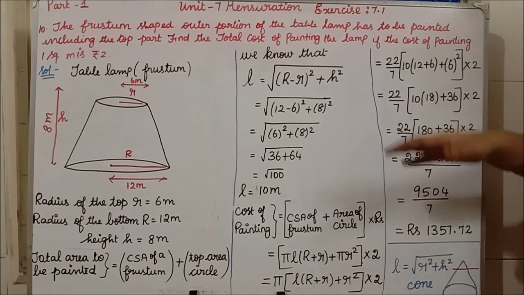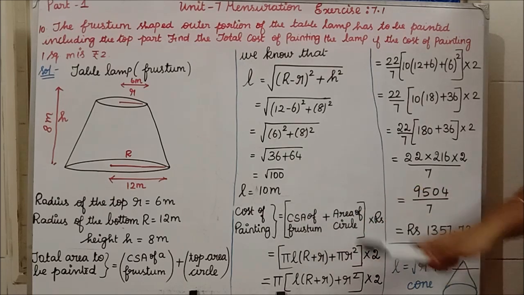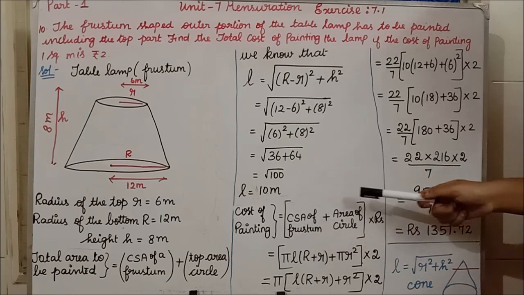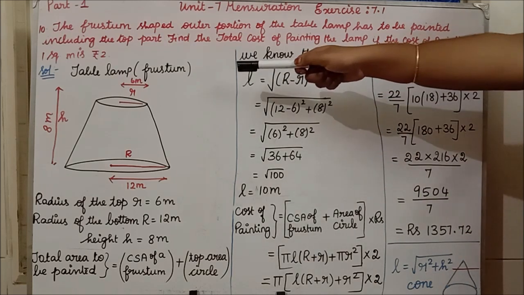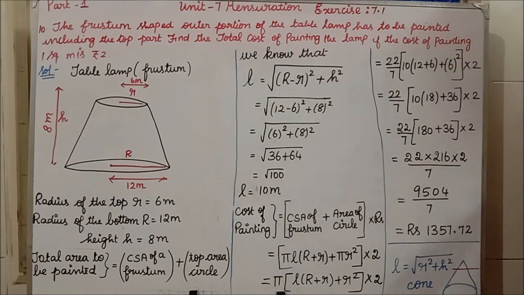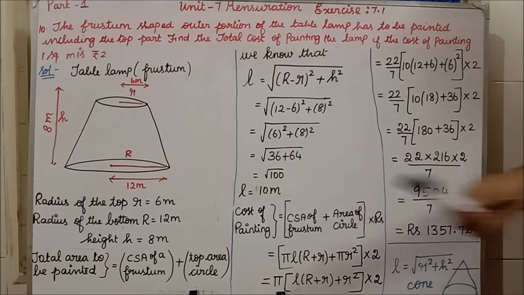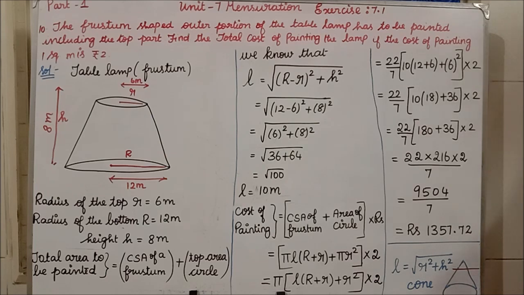Once again, I am writing the cost of painting. Cost means how many rupees they have given: per meter square they have given rupees 2. So the CSA of the frustum plus the area of the circle, the top portion. That portion alone we are going to paint. Since we are talking about cost, I multiply by rupees.